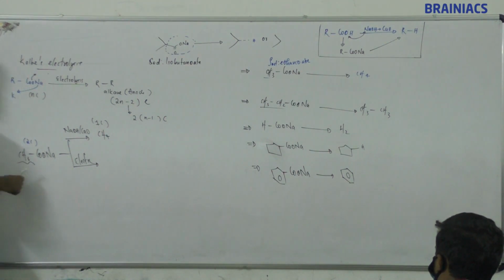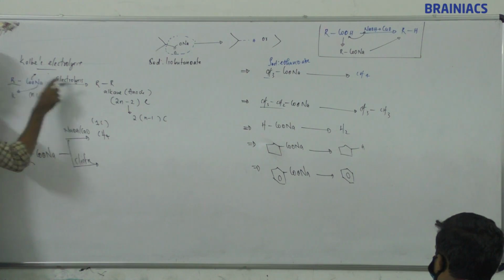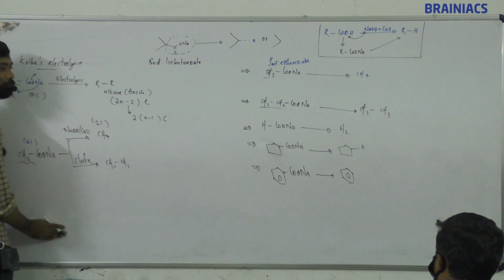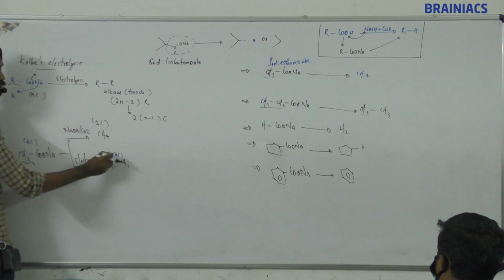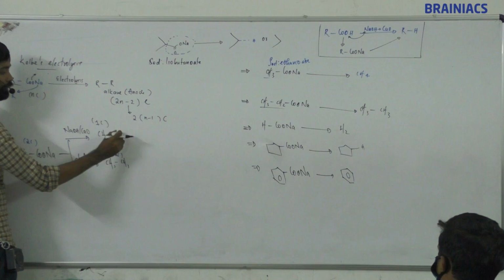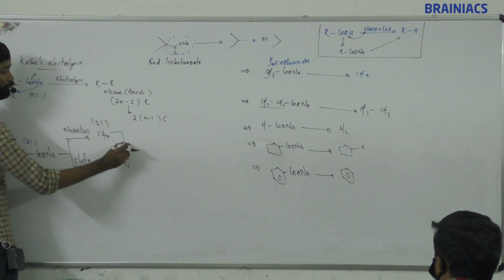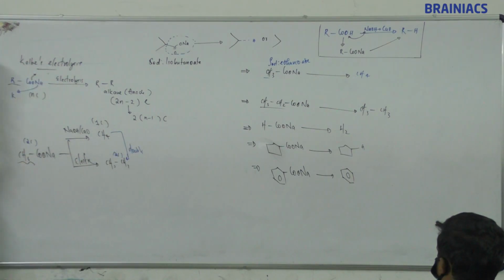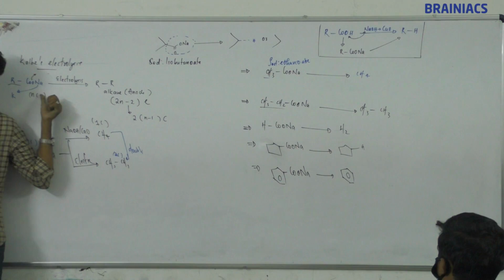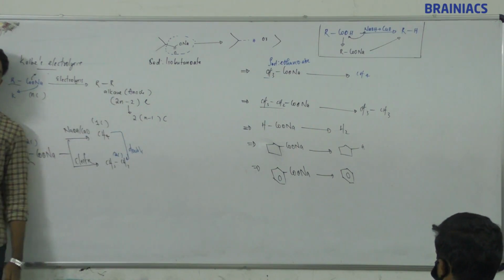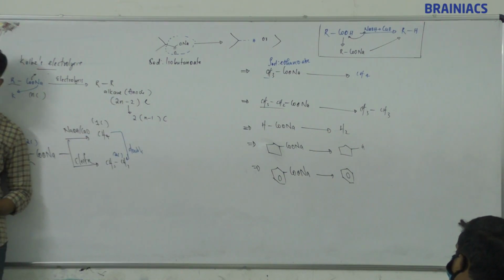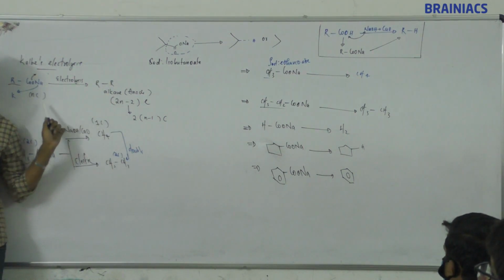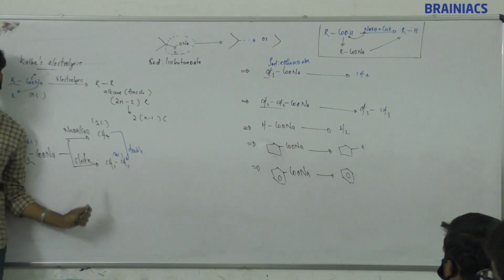The R is CH3, and two R's combine to become CH3-CH3, so here the carbon is 2. Double will be the carbon count. If a carboxylic acid salt undergoes decarboxylation using soda lime, then twice that number of carbons is obtained in Kolbe electrolysis.